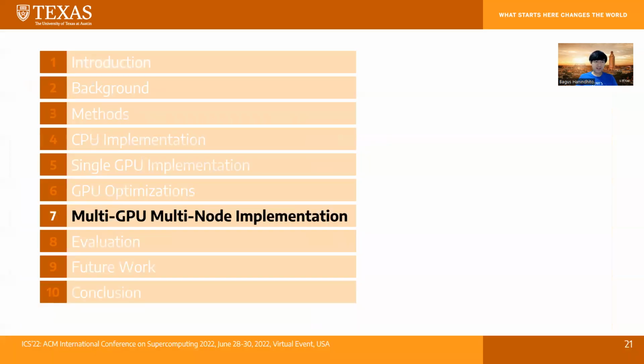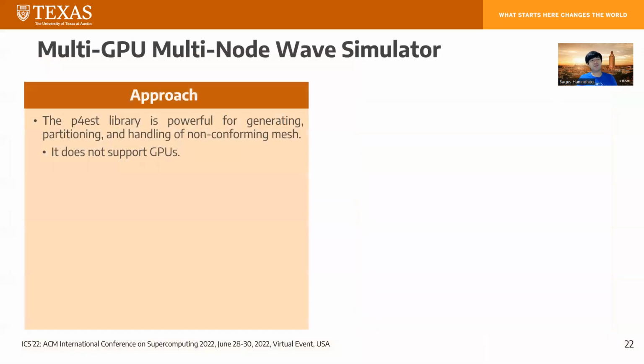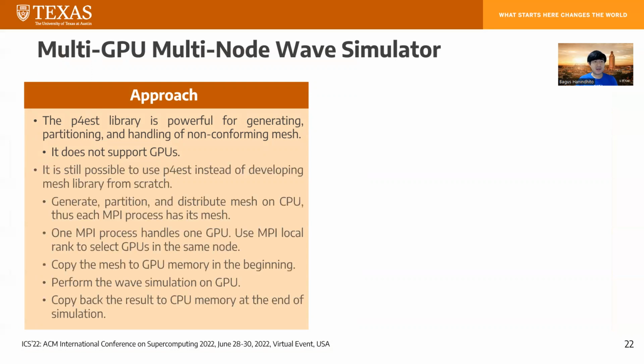So let's move to the multi-GPU implementation. Basically, we still use P4est libraries, but because it does not support GPUs and we don't want to build the libraries from scratch, we still generate the partition and distribute the mesh on CPUs, and one MPI process handles one GPU, so that the process remains the same as the single GPU implementation, except that ghost exchange is done in GPU instead of CPUs.